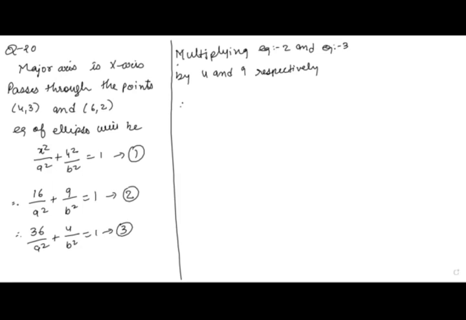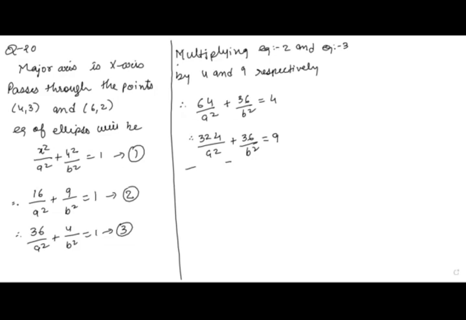So multiplying equation 2 by 4, I will get 64 by a square plus 36 by b square is equal to 4. Multiplying this equation by 9, I will get 324 by a square plus 36 by b square is equal to 9.